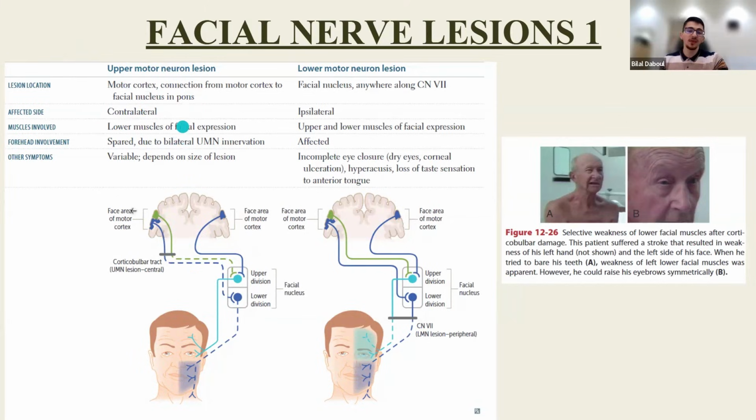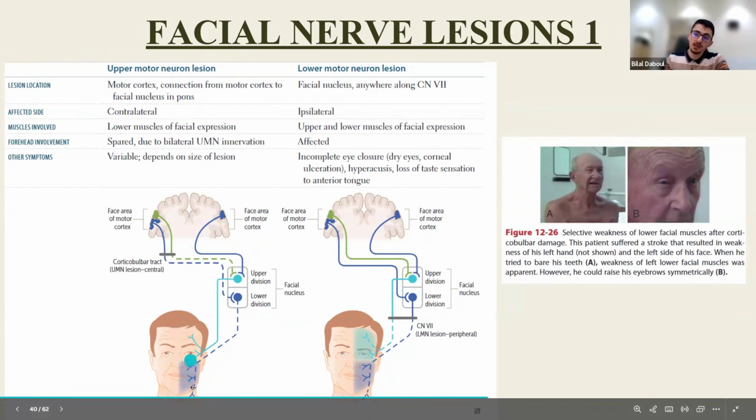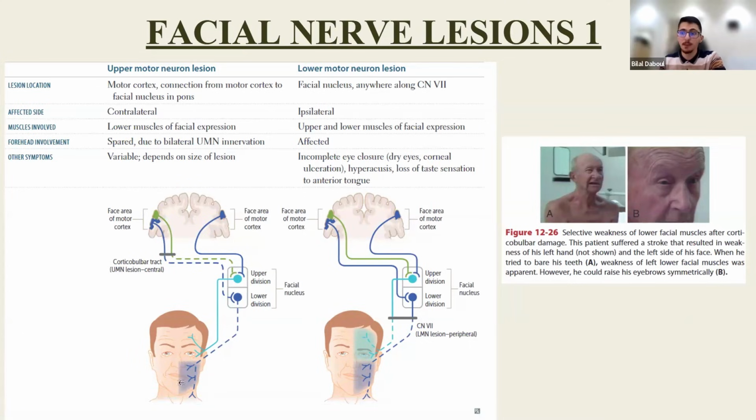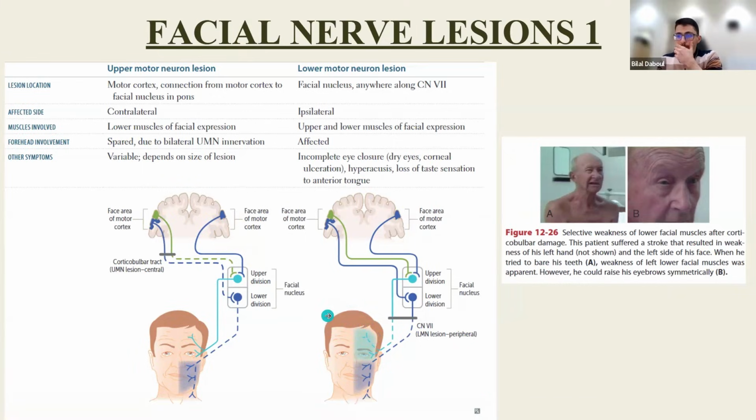The most important thing is that you would have forehead sparing. So you would have contralateral facial paresis of the lower facial muscles specifically. However, the forehead is spared. So the patient would be able to produce wrinkles, and the wrinkles would look symmetrical.